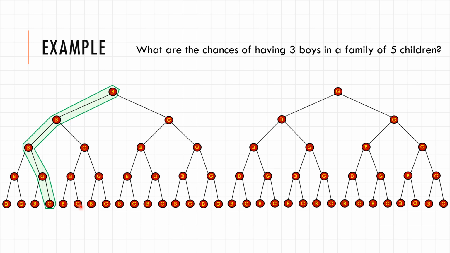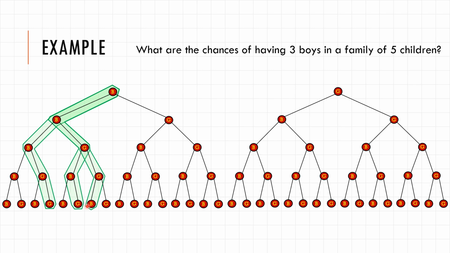So that would be boy, boy, girl, boy, girl. That's 1 more combination. And then if I went boy, boy, girl, and instead of going down here, remember I need 1 more boy. If I went down this way and had a girl, then my last child would have to be a boy. And so that's boy, boy, girl, girl, boy. Those are 3 combinations so far.